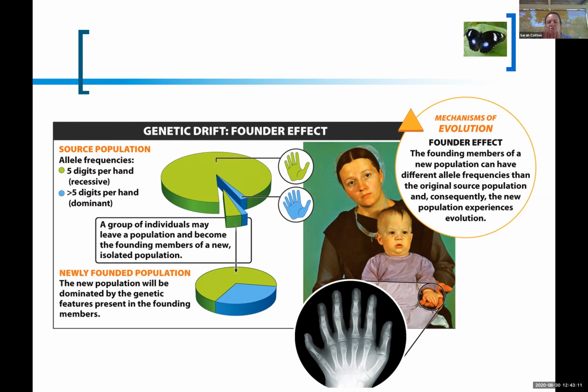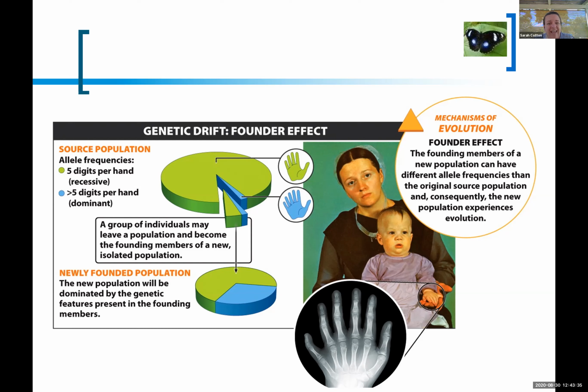So they tend not to interact much with people outside of their small population. They tend to meet and marry people within their community, and in that particular population, polydactyly is way more common than in most human populations.